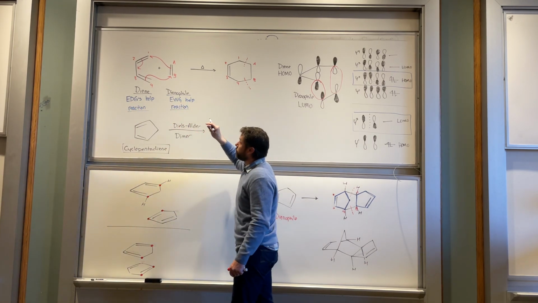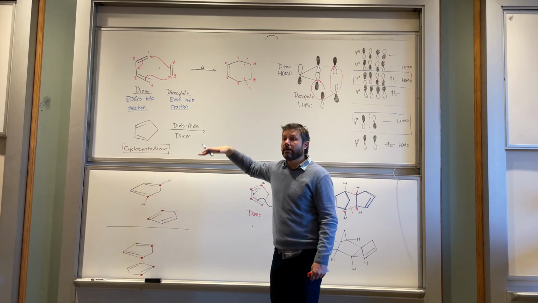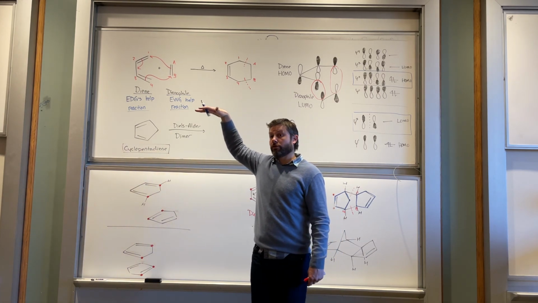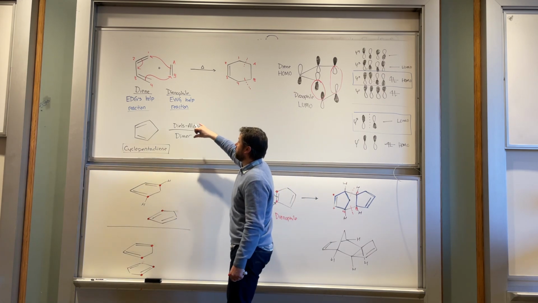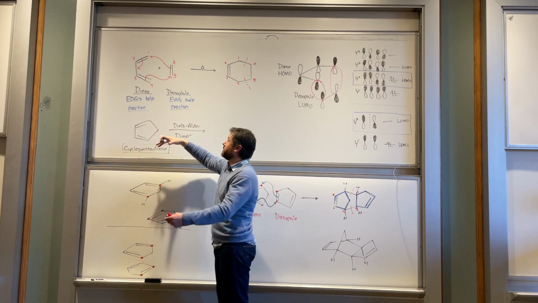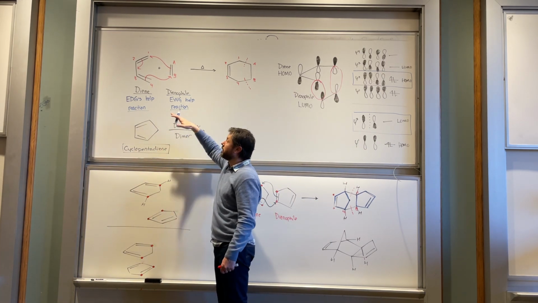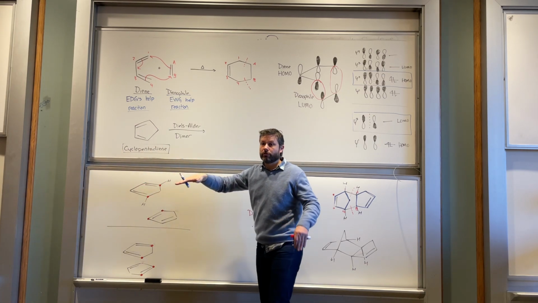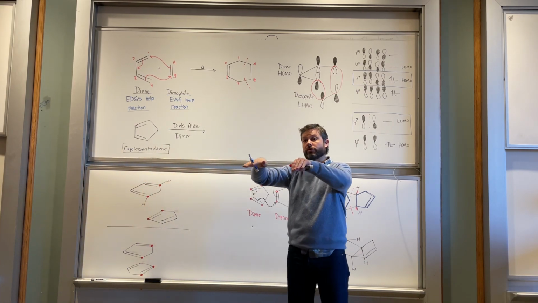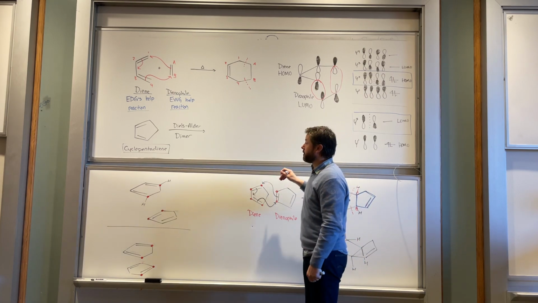So if we put more electron density into the diene, that's going to increase the energy of the HOMO. Right? If we make the dienophile electron poor, that's going to decrease the energy of the LUMO. So it's going to start bringing those orbitals closer together and giving them a better match.